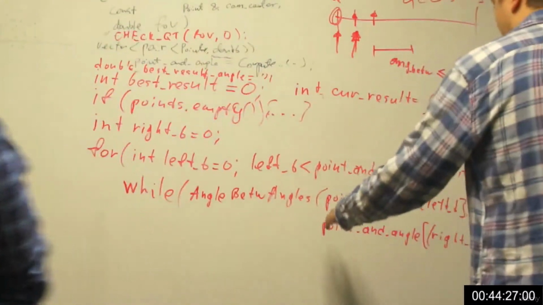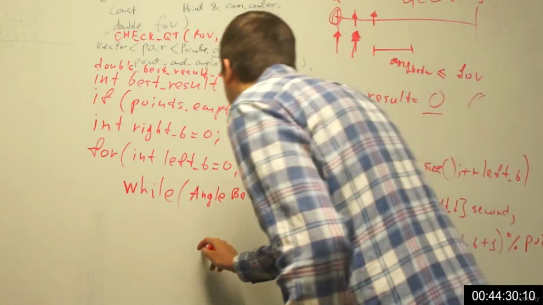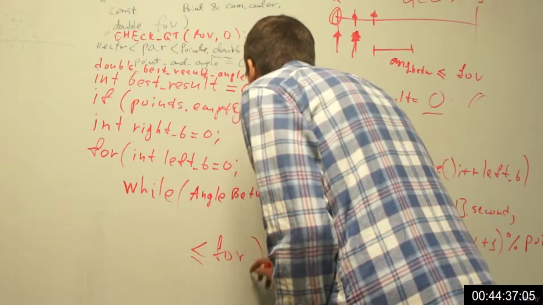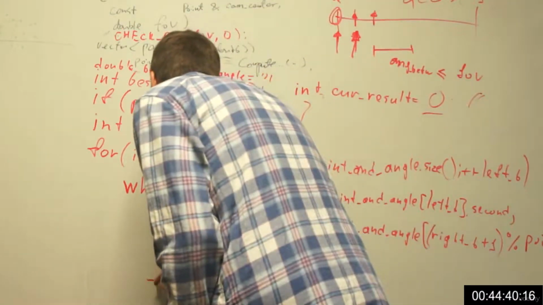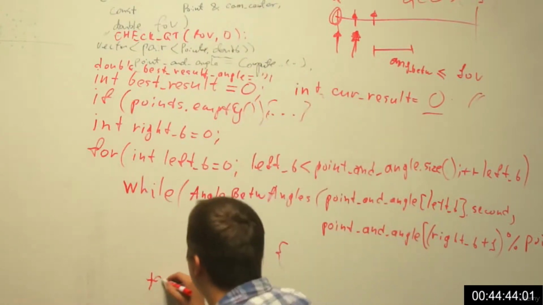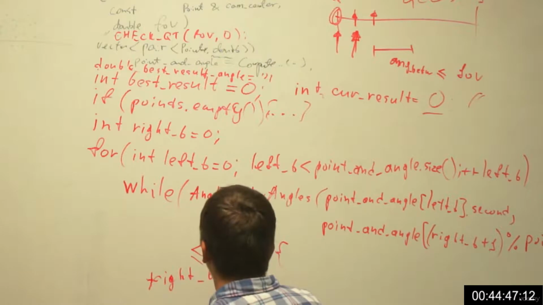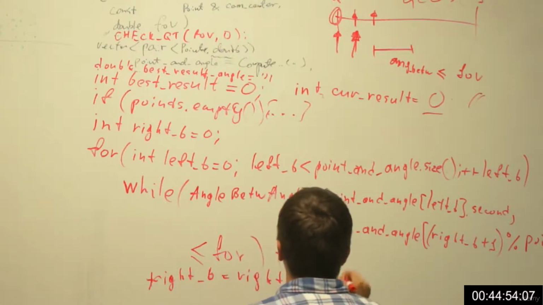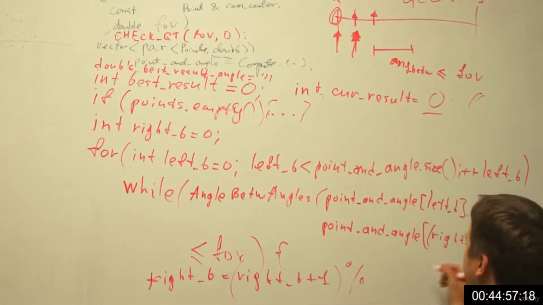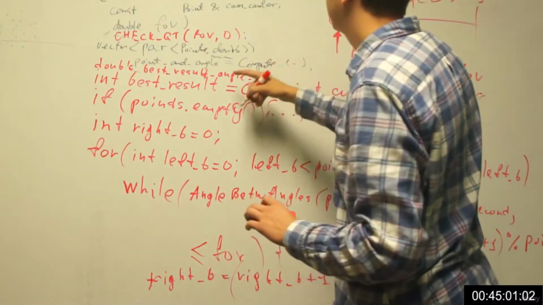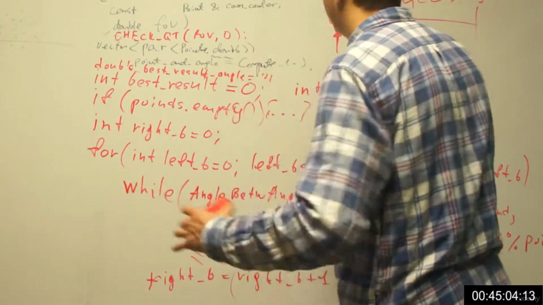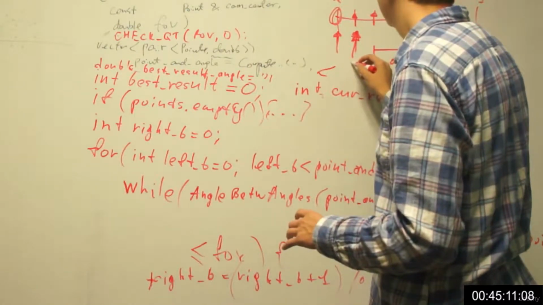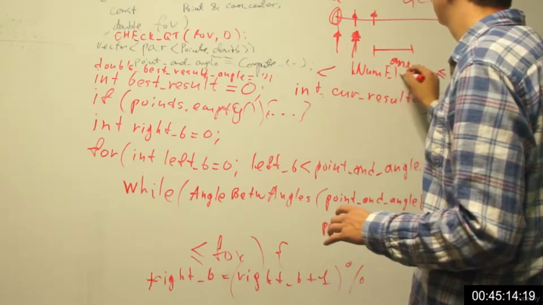So, if this angle is less than or equal to our field of view, in this case we need to make right bound equal to right bound plus 1 by mod of this, let it be a constant, like n or a number of elements to simplify, right?